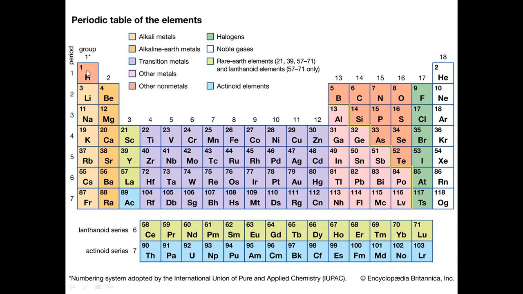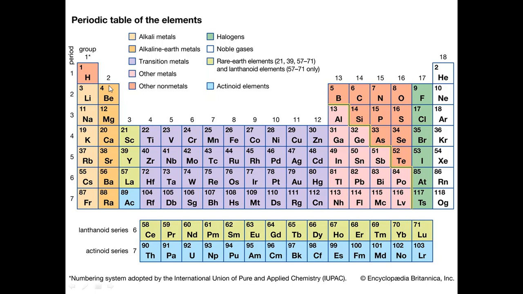Now the elements in the horizontal alignment are said to be in the same period. So here the elements at horizontal alignment 1 are said to be in period 1. This one is in period 2, this one is in period 3, and this one is in period 4.